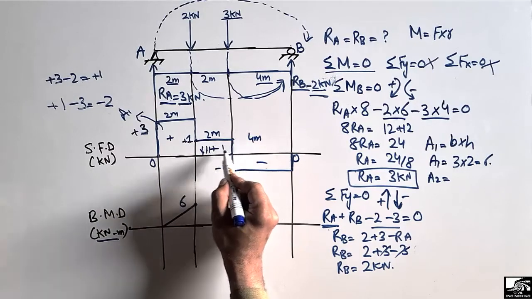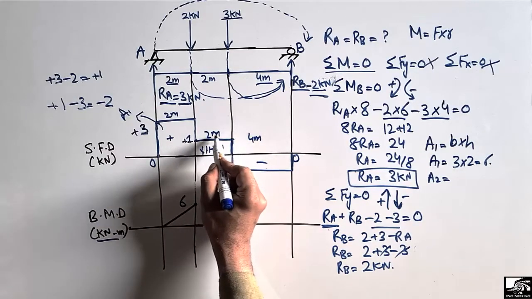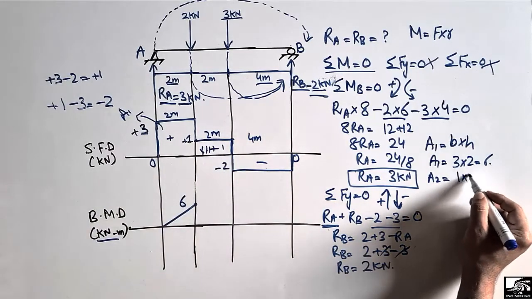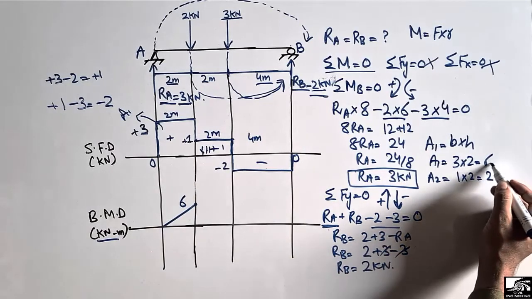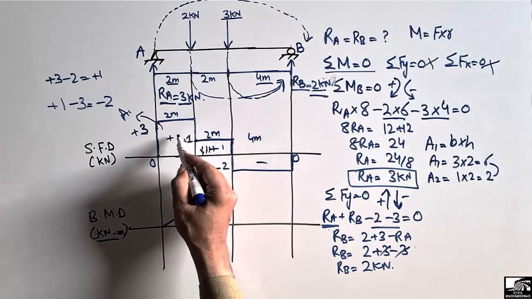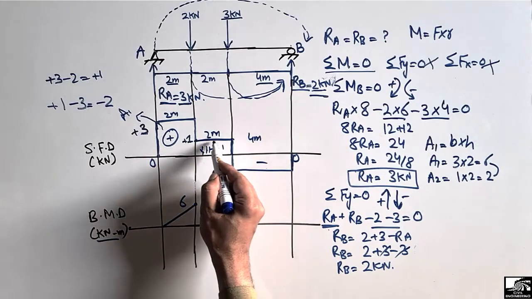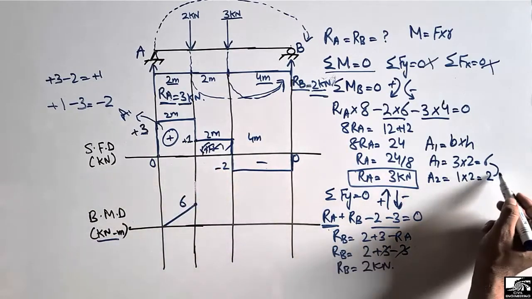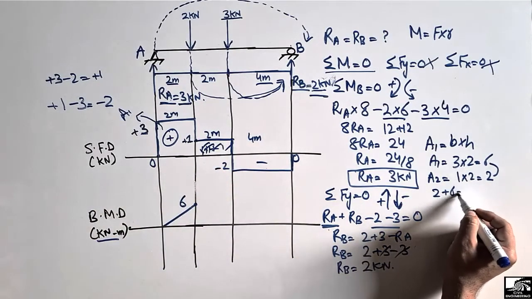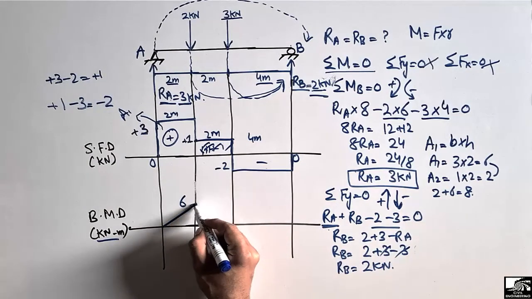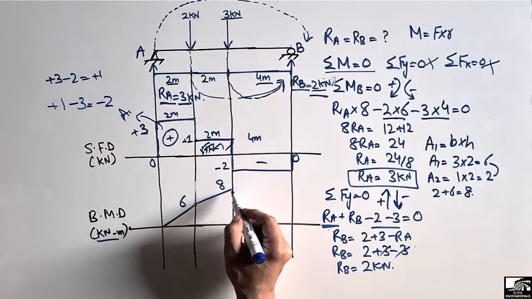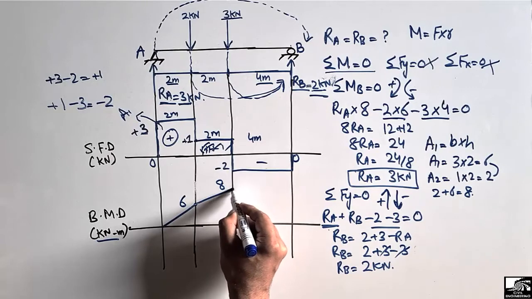This is 1 kilonewton as the height and 2 meter as the base. So 1 into 2 equals 2. So we will add these two values because this is acting in the positive direction. This is also in the positive direction. So we will add these two. 2 plus 6 equals 8. So it will be 8 at this point. 8 kilonewton meter is the bending moment at this point.